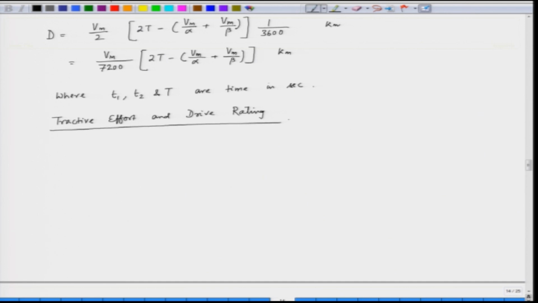So, what are the various components of tractive effort? The tractive effort has to perform the following functions.